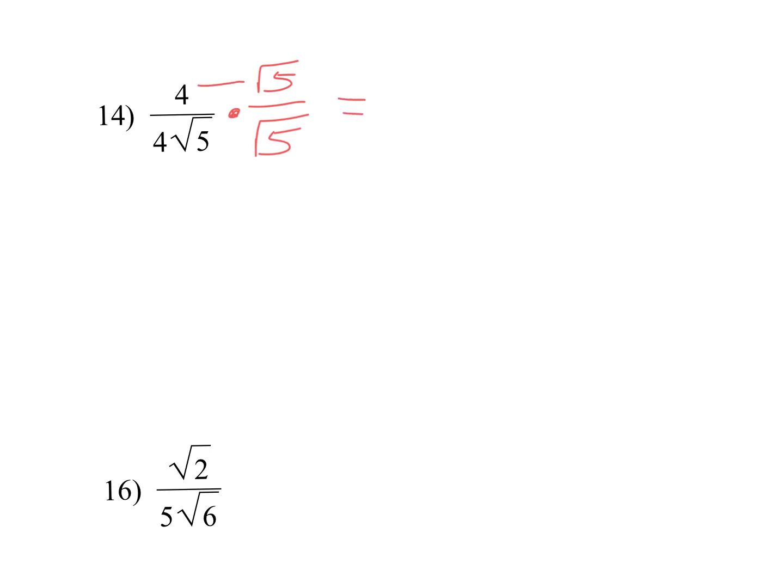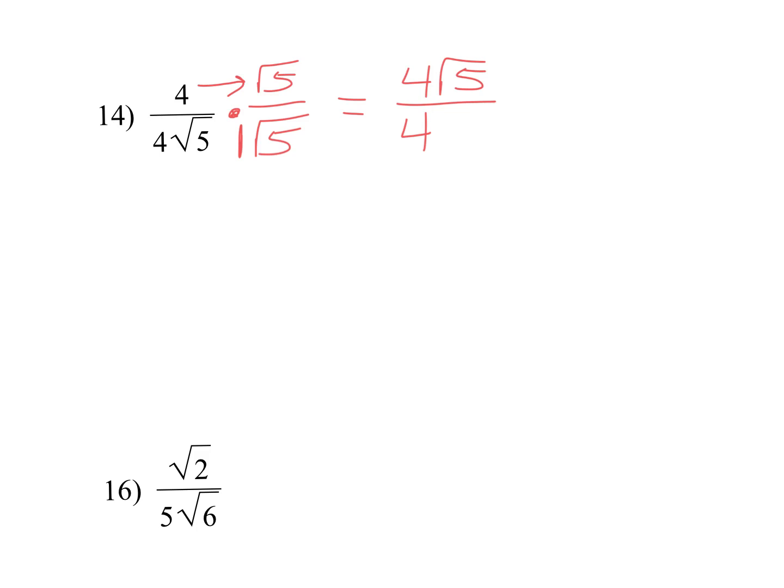What happens when I multiply a whole number times a radical? Can I combine them to be square root of 20? No. When I have a whole number times a radical, I just put them together. 4 times the square root of 5. And then on the bottom, I have a whole number. Remember, we have a 1 in front, so we have 4 times 1 is 4. And then we have the square root of 5.